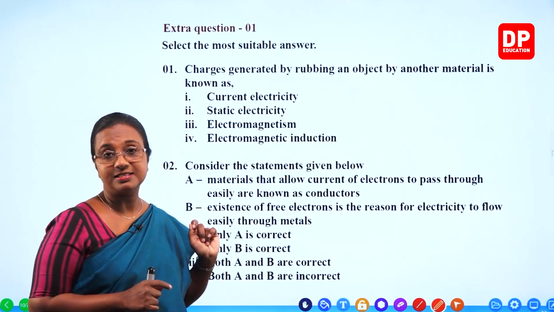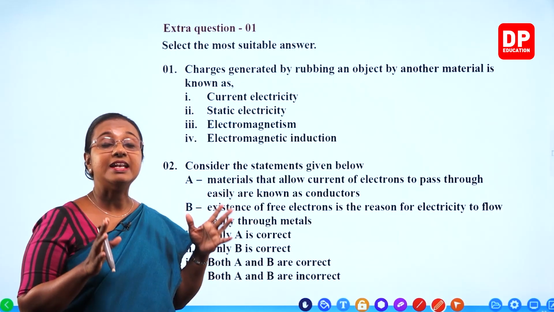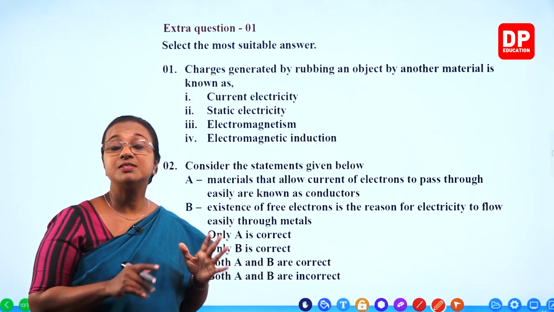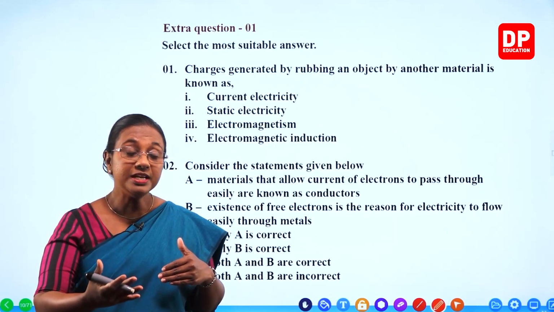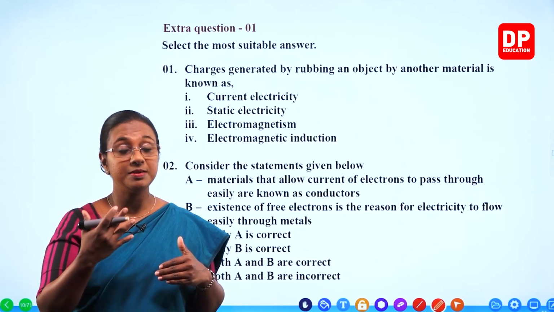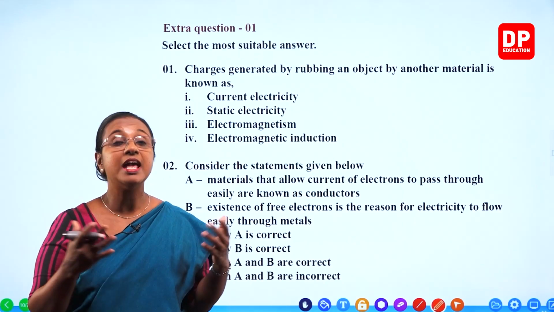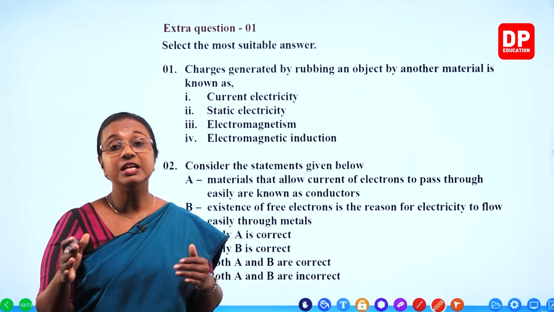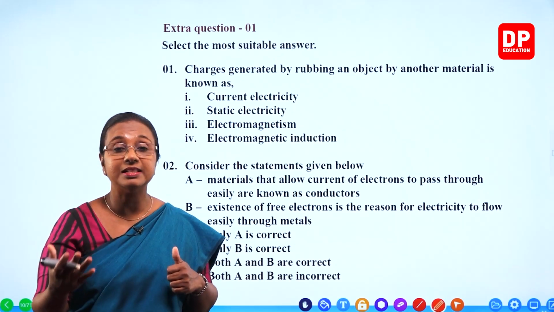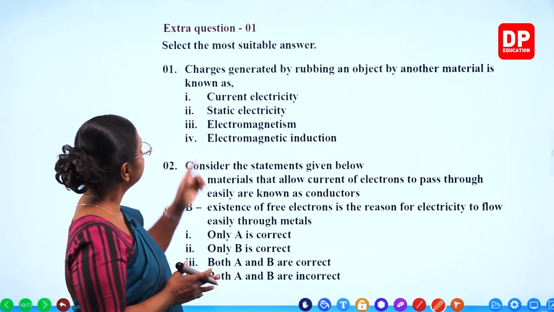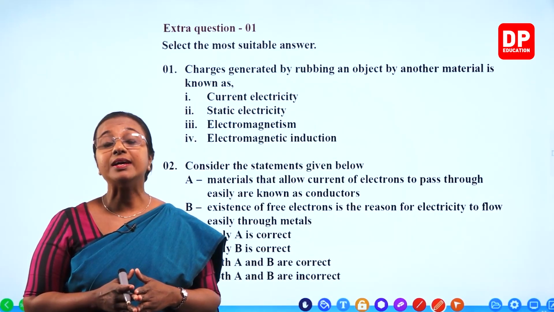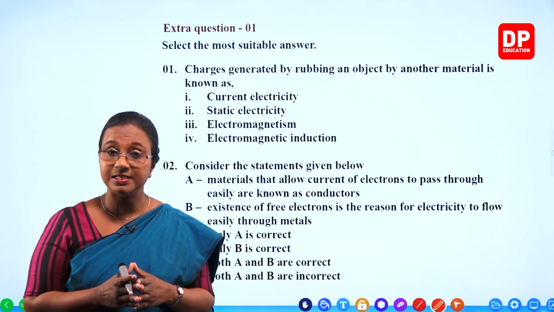Then static electricity, like I discussed, that is the charge that is present or produced on the surface of an insulator material due to rubbing it with another material. That is static electricity. Then the third answer, electromagnetism. What is electromagnetism?